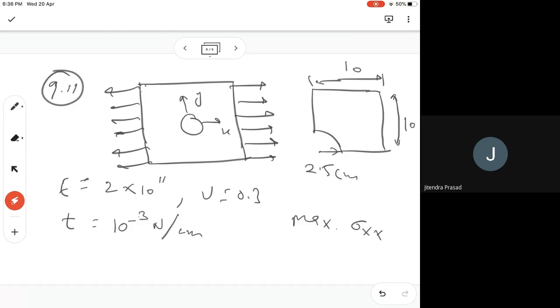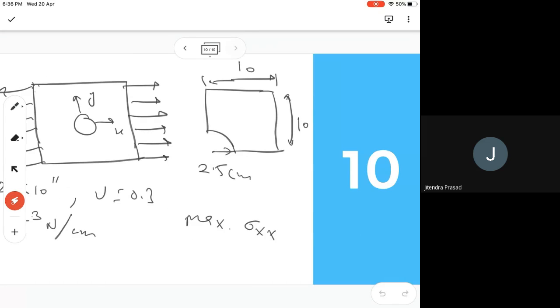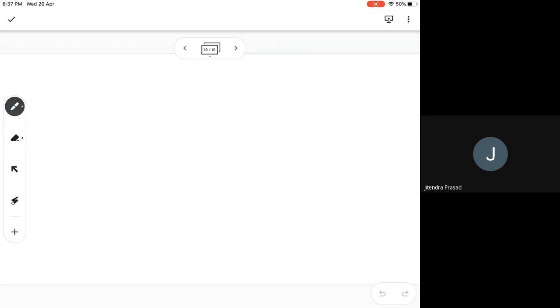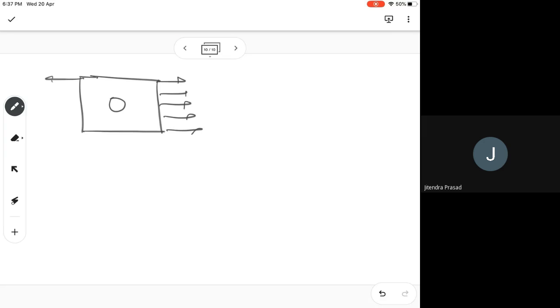Now, the motivation for doing this is, as you know, when you are applying some load to a plate like this one, and if you remember from your solid mechanics class, when you pull it, what happens? You will have some stress here, and the stress will be higher. Why?